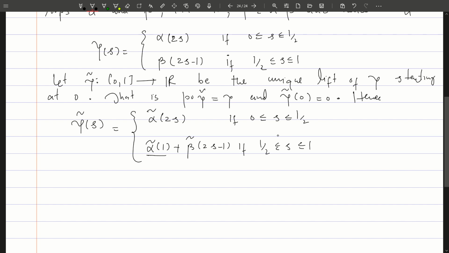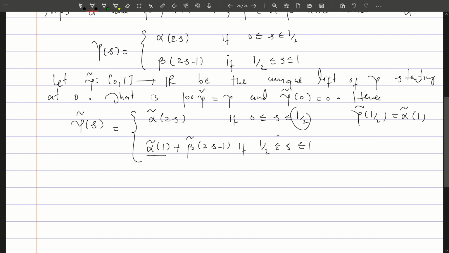We take alpha tilde of 1 to make gamma tilde continuous, because alpha tilde is continuous and beta tilde is continuous, so each piece is continuous. We need to check only continuity at half.